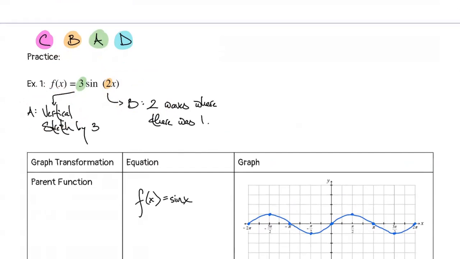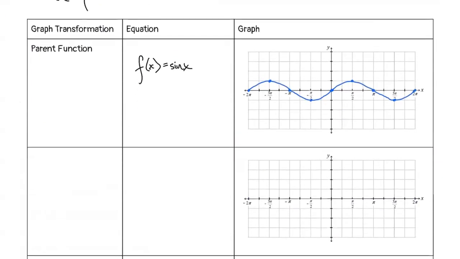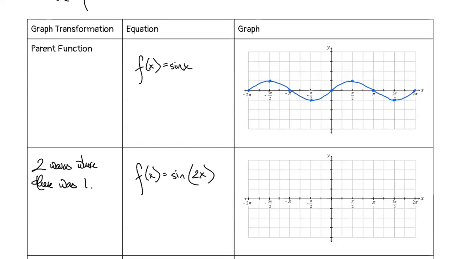That's so important that when I describe it in the graph transformation, I want to say there are 2 waves where there was 1. Okay, and the equation that I'm going to draw is f of x equals sine of 2x. So just the part with the 2x, okay?